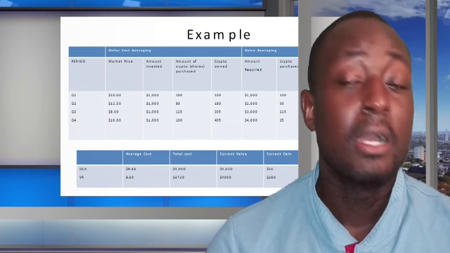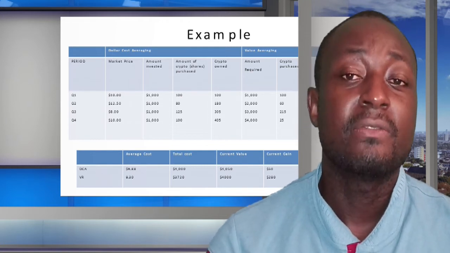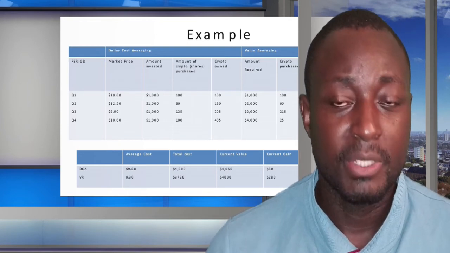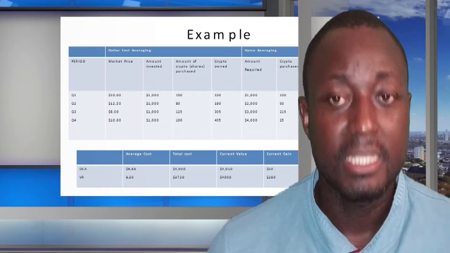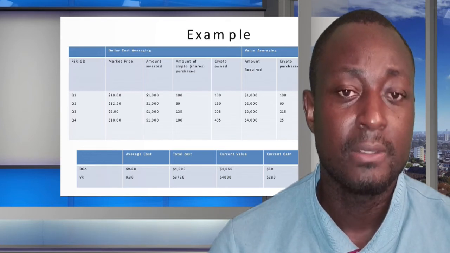They gain more of an asset or crypto if the price has gone up by the end of the specific period they have been buying, compared to someone who has been dollar cost averaging.